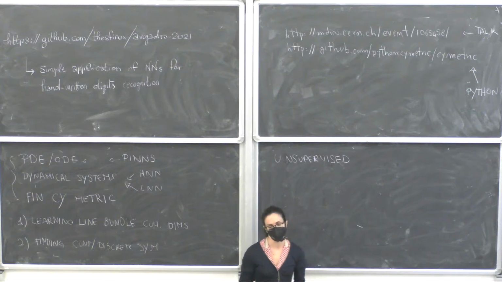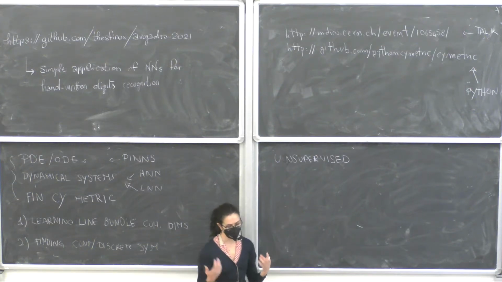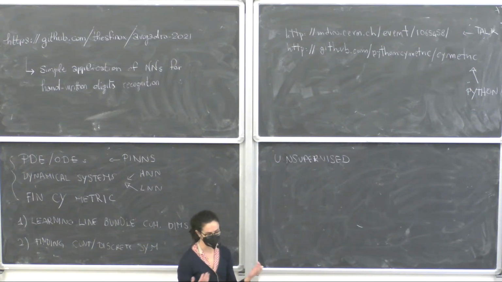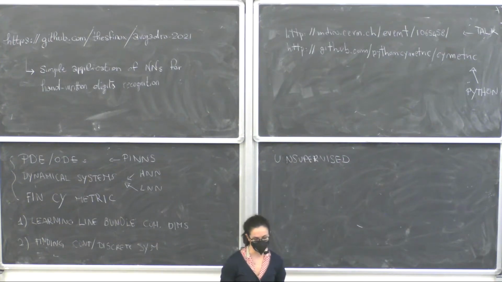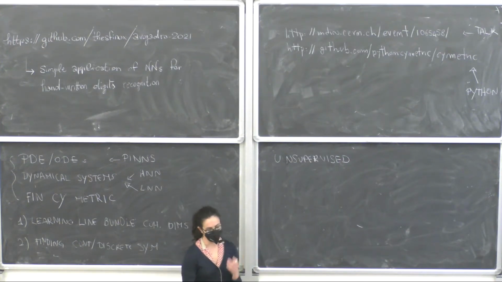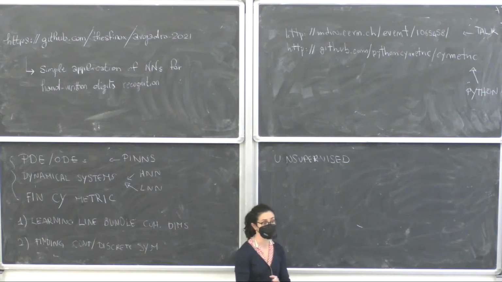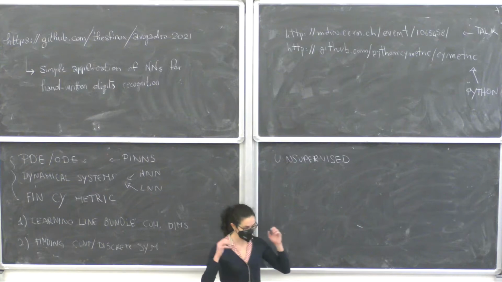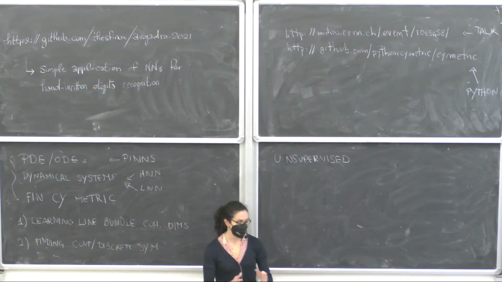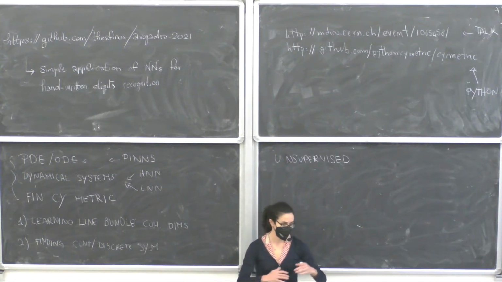But of course, you may have extraordinary performances. But on the other hand, the only way this thing can be useful, actually, is if the network is able to extrapolate. So I give you few data. Now tell me what's the result outside of my training domain.